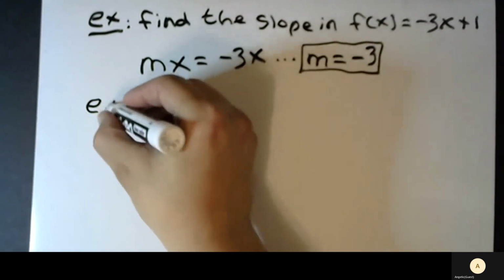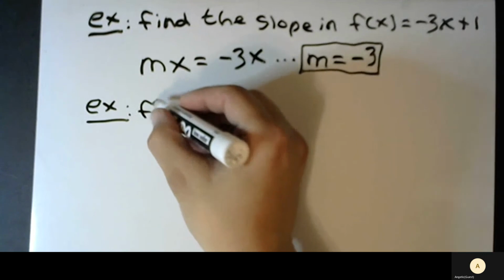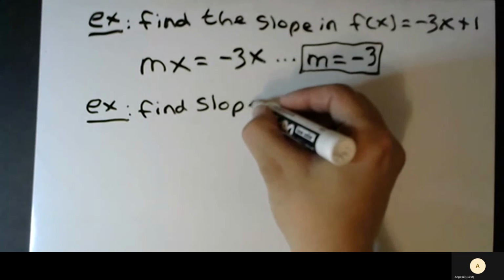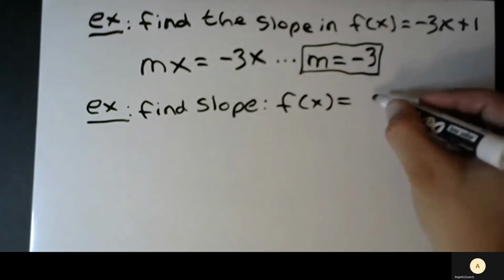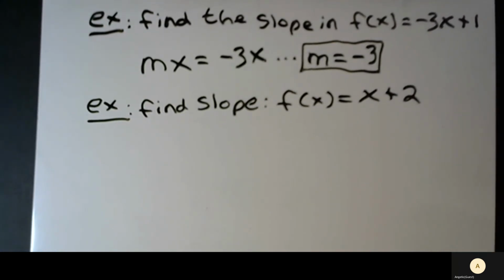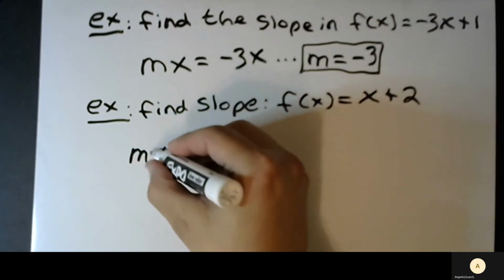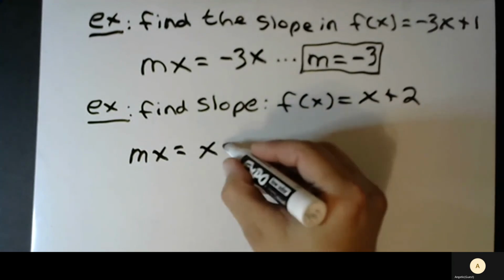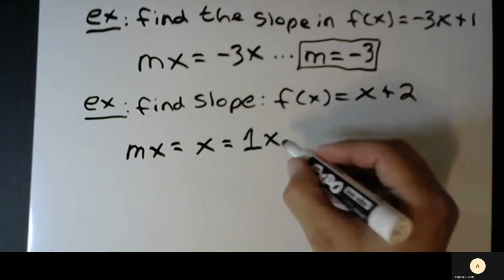So what about something like this? Well, in this case, mx appears just to be x, but technically it's 1 times x.